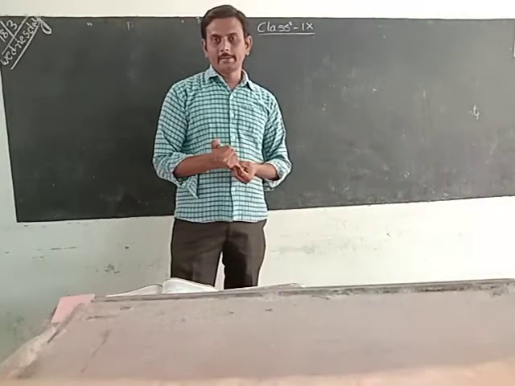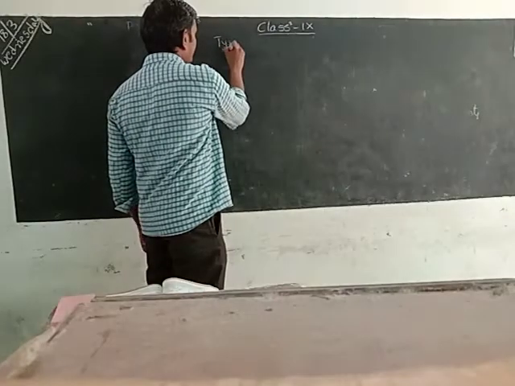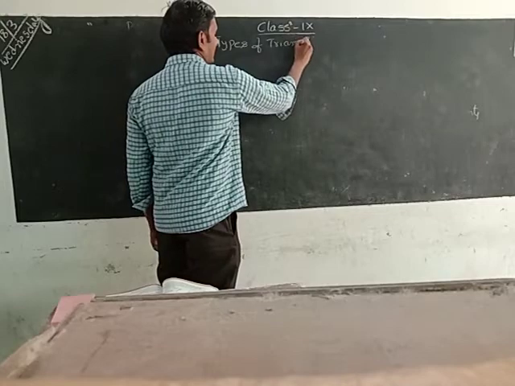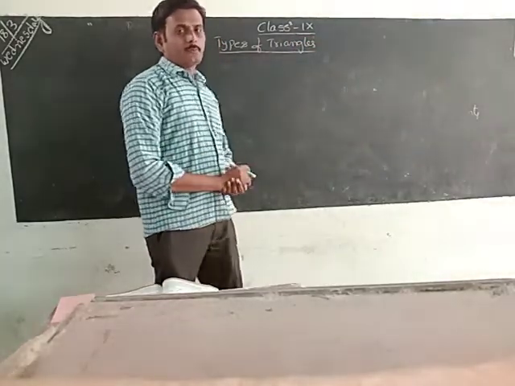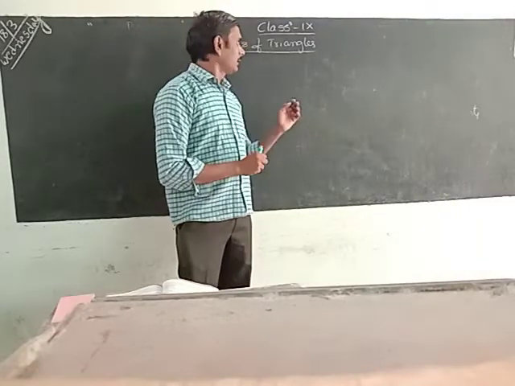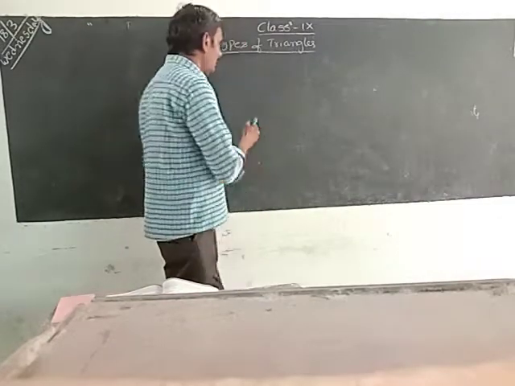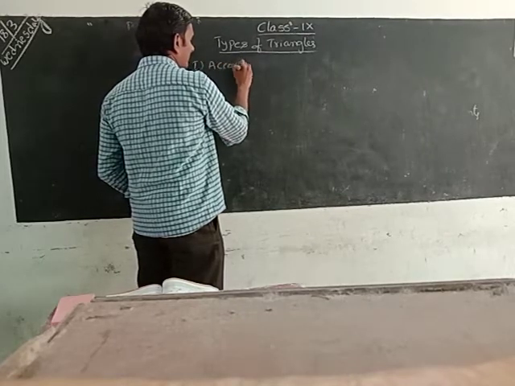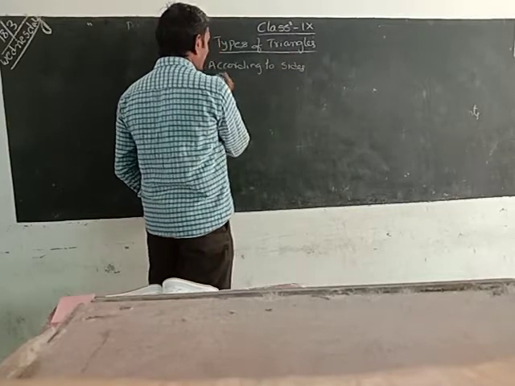What are the types of triangles? Basically, you can differentiate the types of triangles into 2 groups. One group is according to size.